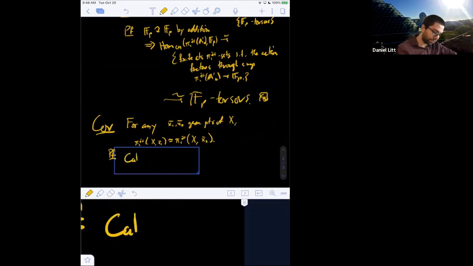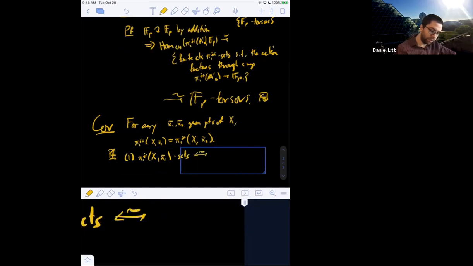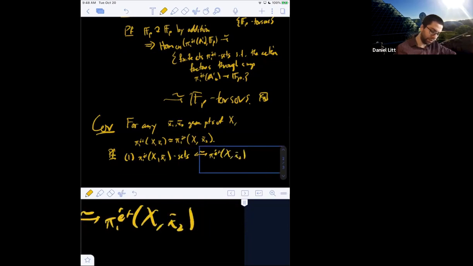Okay, and the proof is as follows. Step 1 is that the category of pi1 étale x1 sets is going to be equivalent to the category of pi1 étale x2 sets. Anyone? Why? Can anyone tell me why that's true?